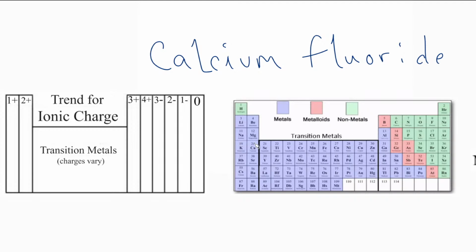So first off, calcium and fluorine, metal, nonmetal, it's ionic. And then you have to know the trend for charge. So it goes 1 plus, 2 plus, skip these guys, 3 plus, 4 plus, 4 minus, and then it goes down 3 minus, 2 minus, 1 minus, 0. So calcium's right here. Fluorine is right here.